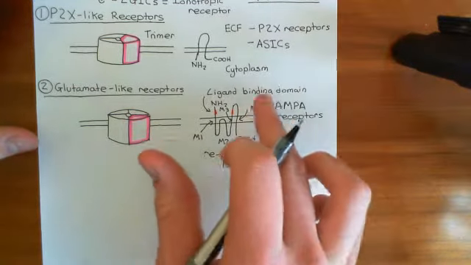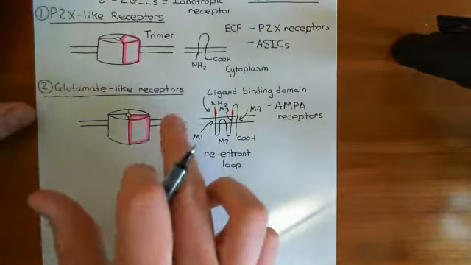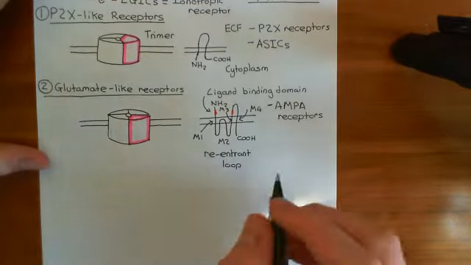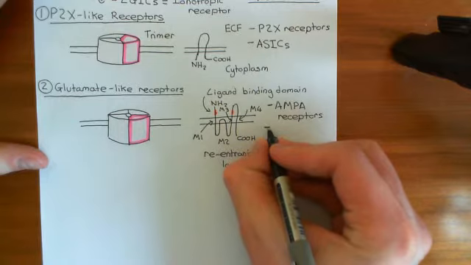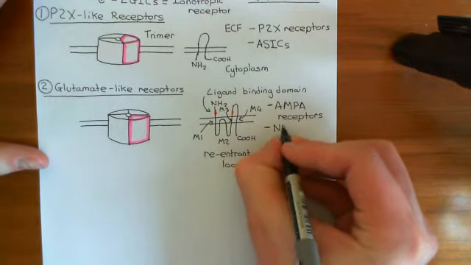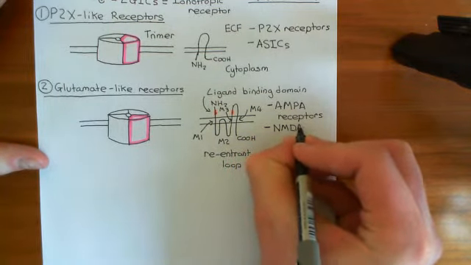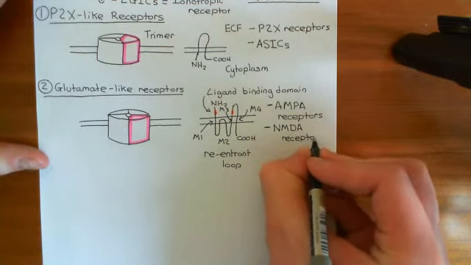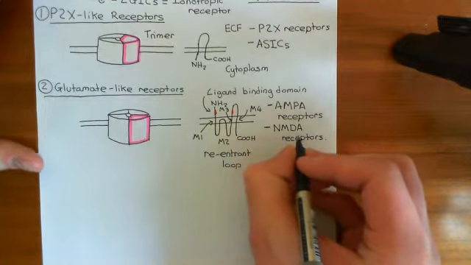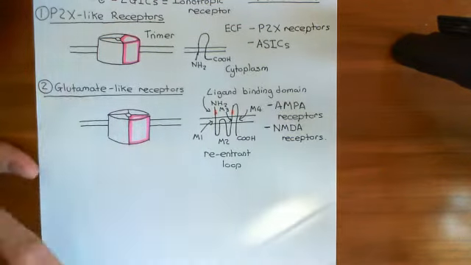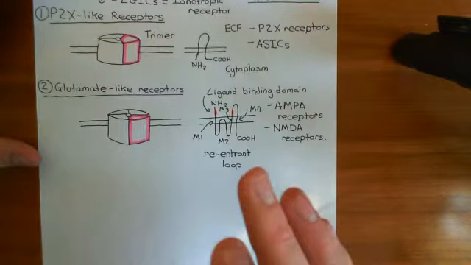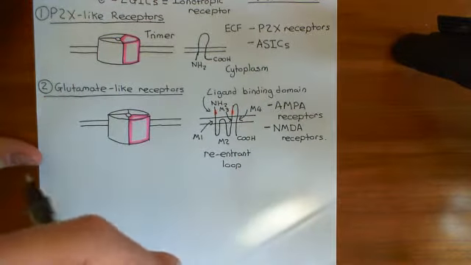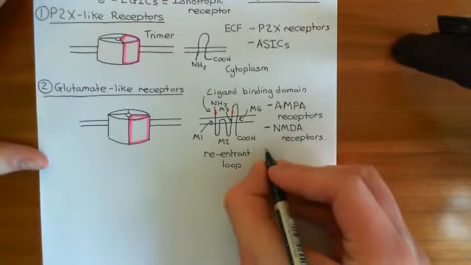That entire family of receptors is a subfamily within the family of glutamate-like receptor ligand-gated ion channels. In addition, you also have the NMDA receptors, which are also ionotropic glutamate receptors, so their ligand is also glutamate. Again, there is not just one NMDA receptor, there is a whole family, and that entire family is a subfamily within this family of glutamate-like receptor ligand-gated ion channels.